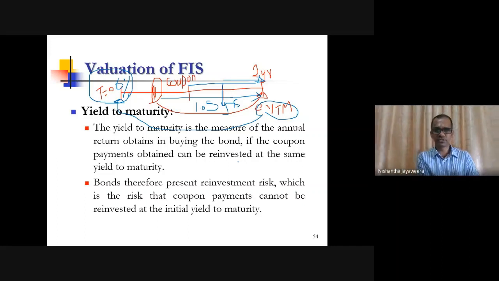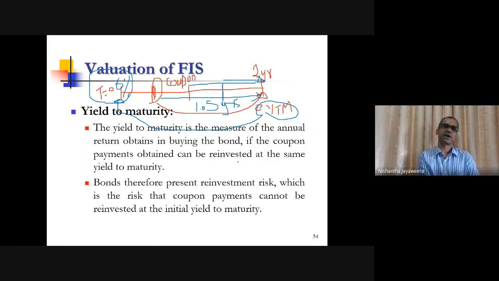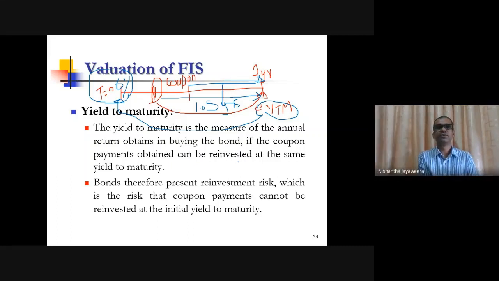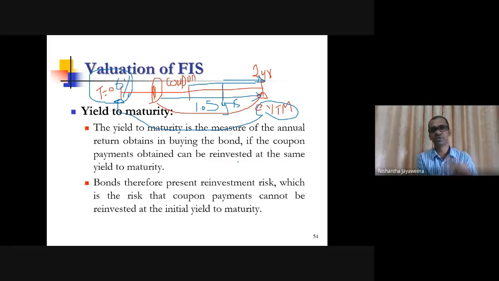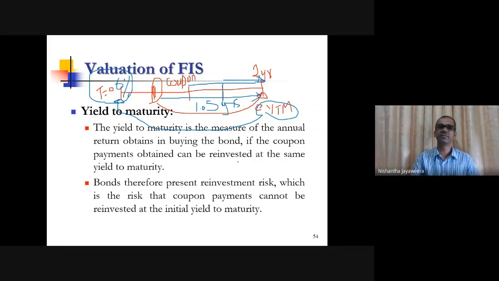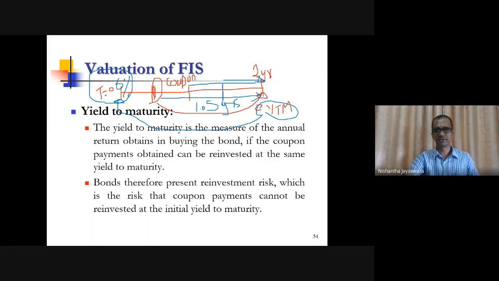Though we use this as a gauge of what return we are going to receive, you may or may not realize that return. Maybe you realize more than that, or you may realize less than that. That depends on future interest rate movement.